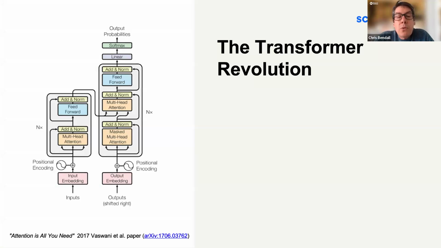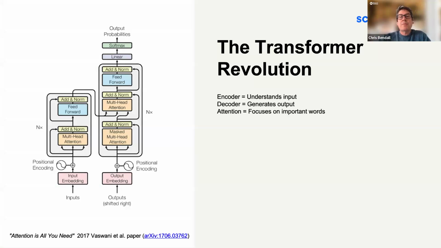In the article from 2017 was this schematic of a transformer architecture. It looks relatively complicated, but we will briefly go over it in high-level terms. So on the left of this schematic is the so-called encoder architecture. This is the part of the architecture which helps to understand the input which is being provided.